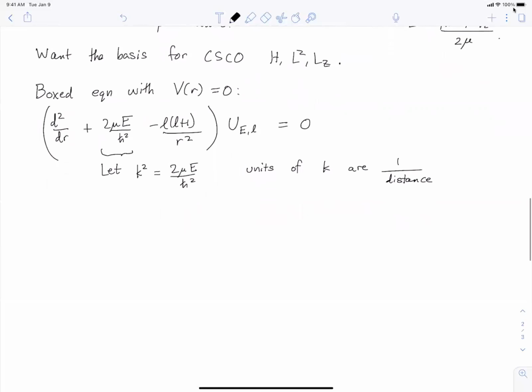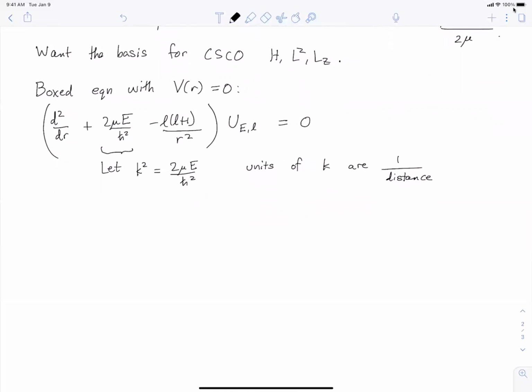Okay, and so now we're going to do another change of variables, this time on the independent variable, the radius, and we're going to define a rescaled radial coordinate by saying that r is equal to rho divided by k.